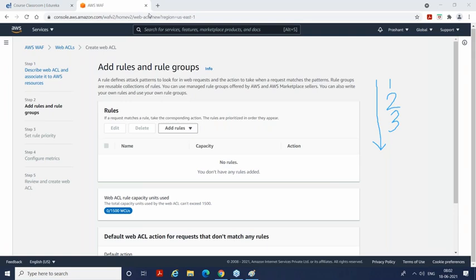Will this traffic be allowed or denied? Rule number 1 says allow traffic from 1.1.1.1. Rule number 2 says deny traffic. And rule number 3 says if it is from India, then allow. So will the traffic be allowed or denied?